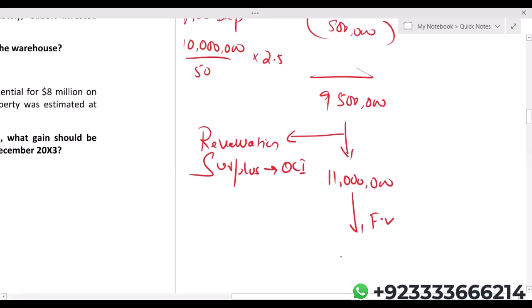So 11 million and 11.5 million, the difference of 5 lakh, this is under IAS 40, and that goes to P&L. The earlier one is under IAS 16, and that goes to OCI. I hope it should be more clear now to everyone.